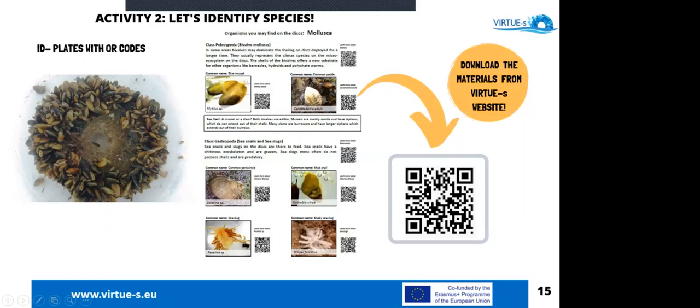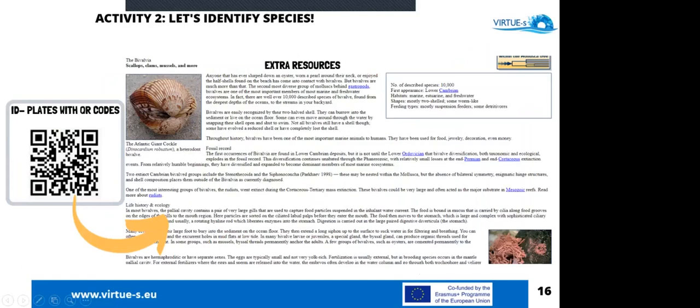Students, in fact, can scan the QR code with their mobile phone, and the QR codes redirect you to websites such as Encyclopedia Britannica or the Marine Life Information Network, where you can read extra information about the ecology and biology of the organisms that are commonly found on the disk. So students can enrich their knowledge about ecological and biological features.